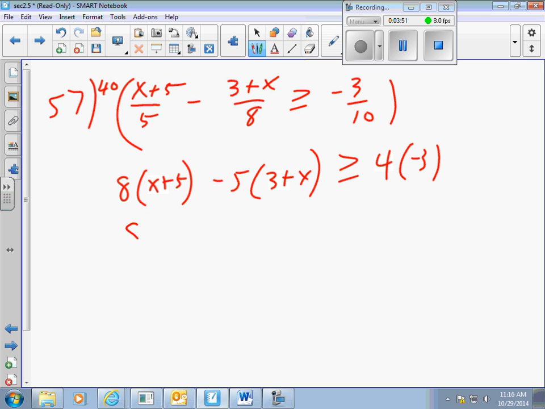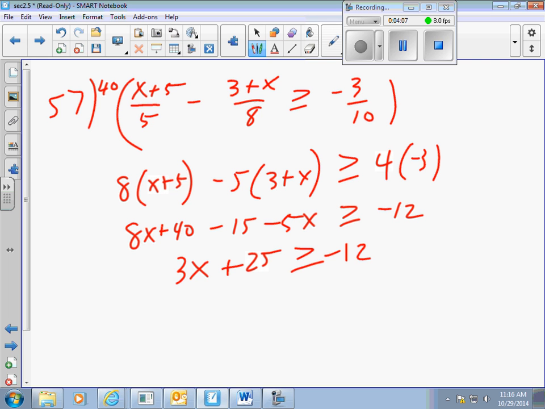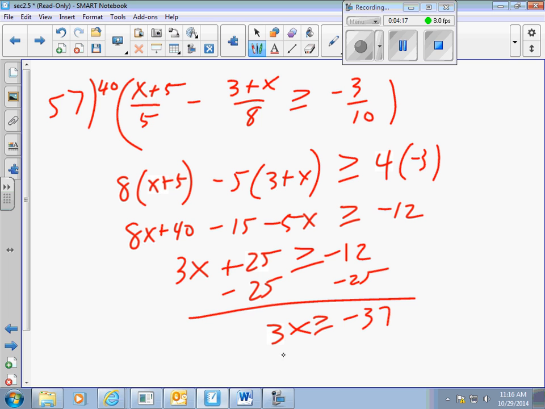Simplifying here, I'm going to have 8x plus 40 minus 15 minus 5x is greater than or equal to negative 12. Putting like terms together gives me 3x plus 25 is greater than or equal to negative 12. Minus the 25 from both sides, I get 3x is greater than or equal to negative 37.